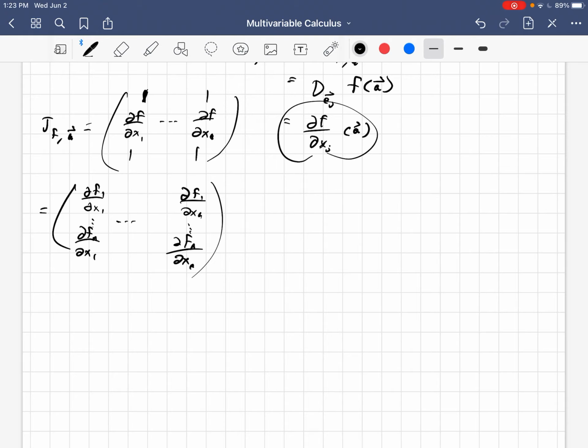So if you want to compute a directional derivative at any particular point with a certain velocity vector, all you have to do is find the Jacobian matrix of the function at that point and then just multiply by the directional vector v.